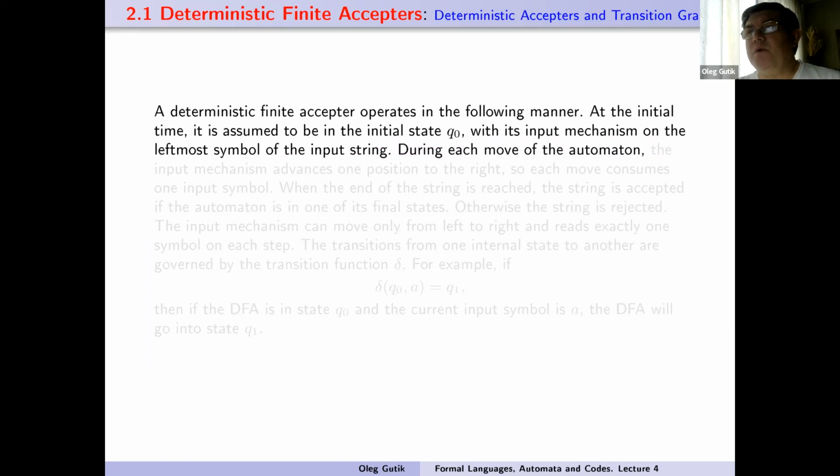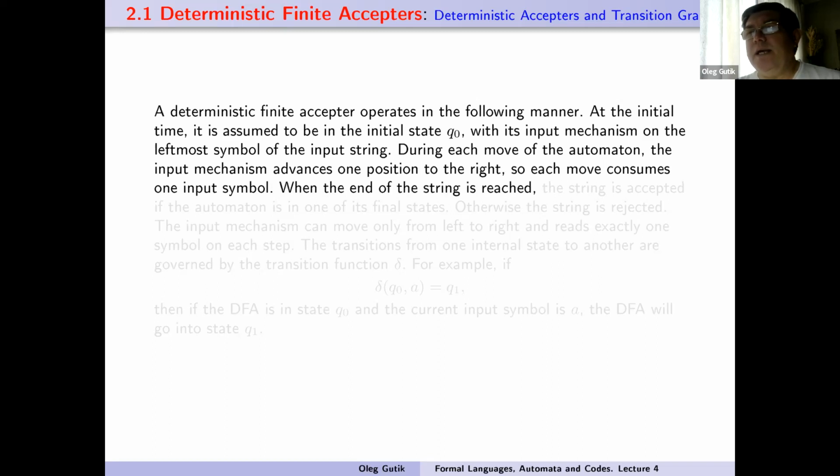During each move of the automaton, the input mechanism advances one position to the right, so each move consumes one input symbol. When the end of the string is reached, the string is accepted if the automaton is in one of its final states. Otherwise, the string is rejected.